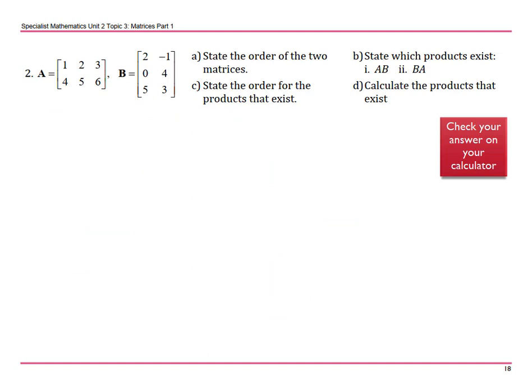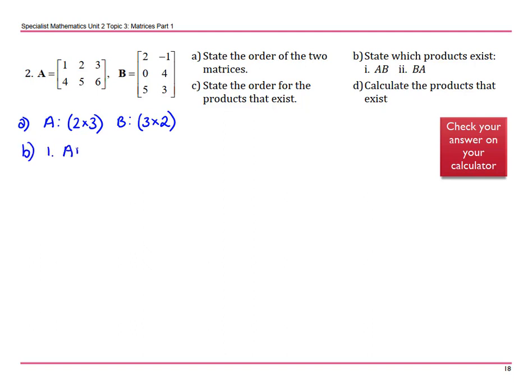Let's look at another example. So here I've got two matrices A and B. Part A says state the order of the two matrices. So A is a 2 by 3 and B is a 3 by 2. Part B, state which products exist.